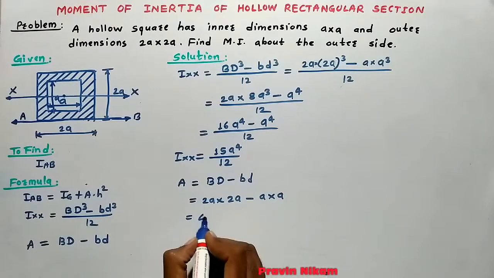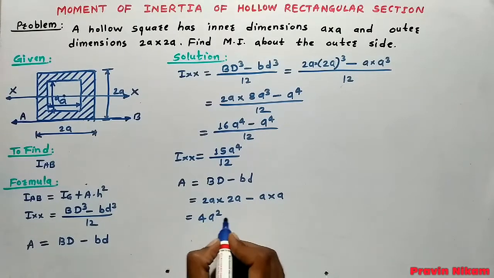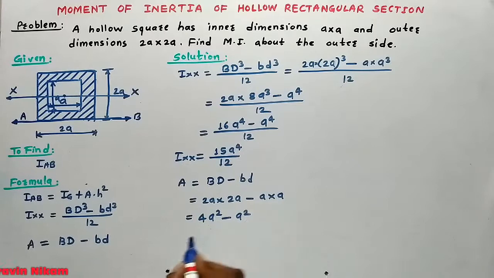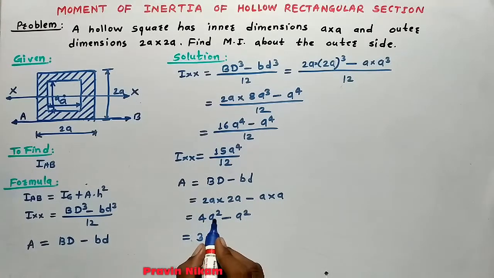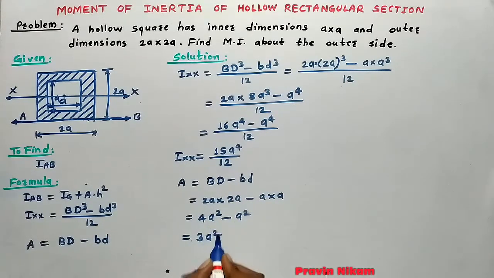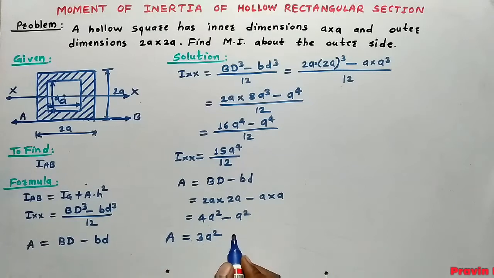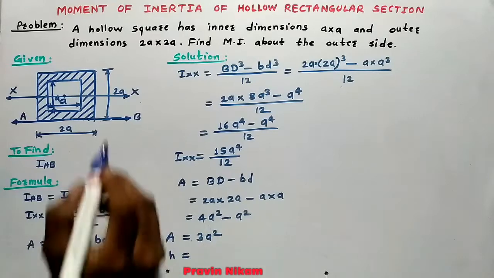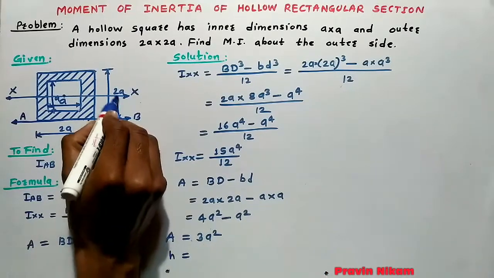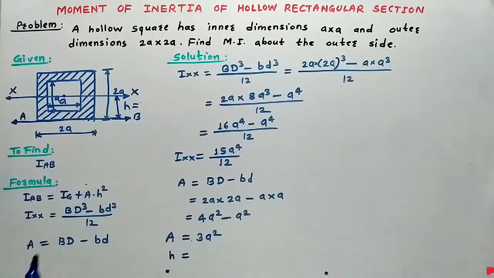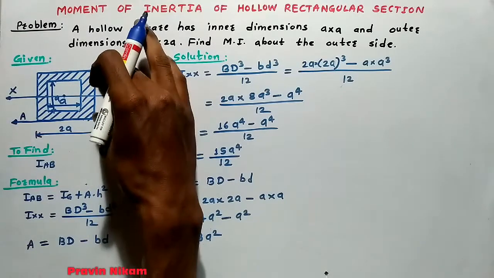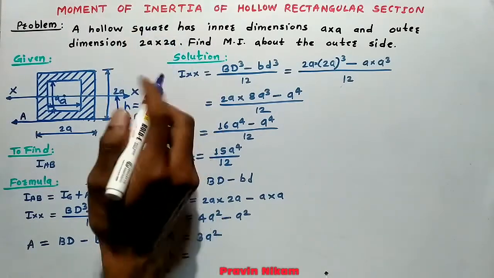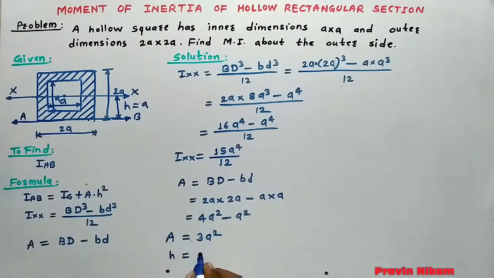So it is 4a square minus 1a square, that is 3a square. So this is the area. And what is h? h is the distance between the two parallel axes. The total depth is 2a, half is a. So h is a.